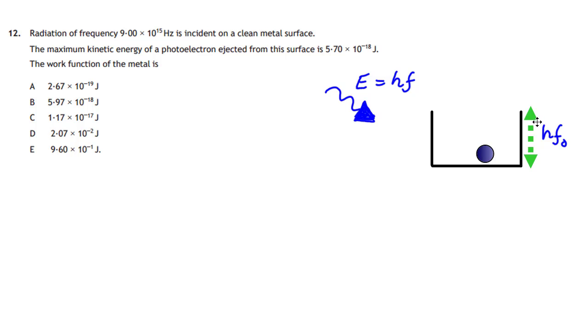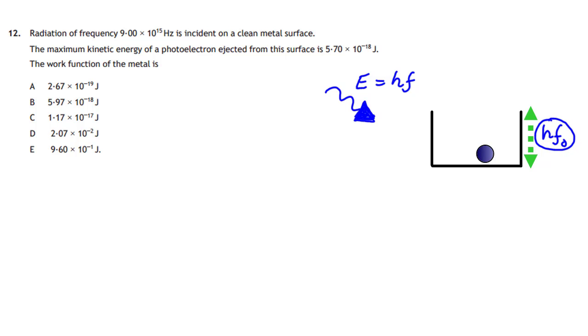And in order to escape the metal surface, the electron needs to be given an amount of energy called the work function, which is hf naught, f naught being the threshold frequency. That's what we are asked to find: this work function, hf naught.